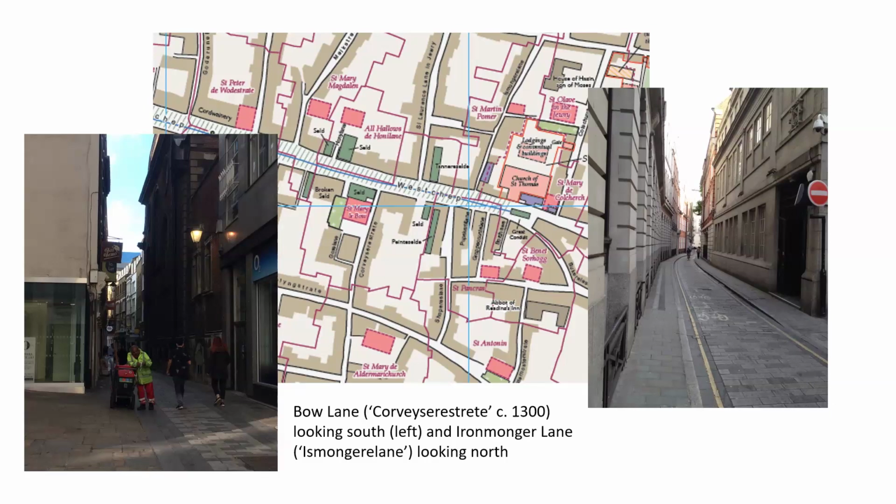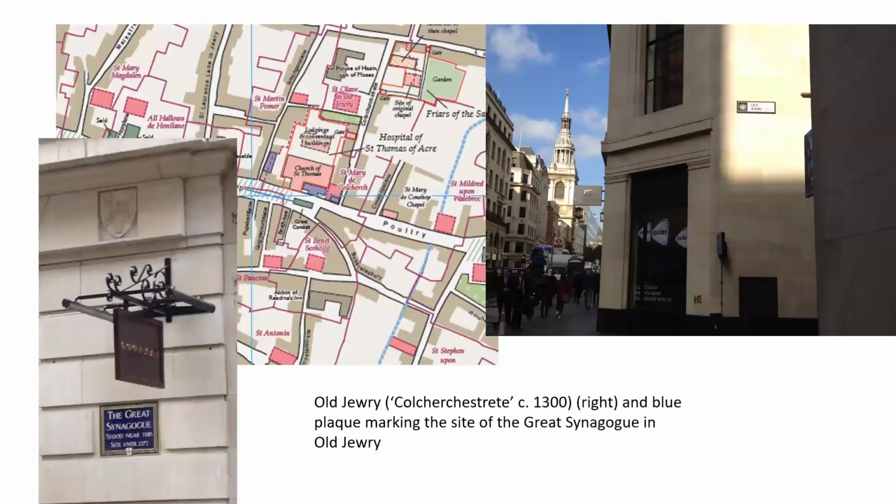Some were a little more complicated to determine what we should call them. So today's Old Jewry, although it takes its name from the Jewish community located there till their expulsion in 1291, seems to be known around 1300 as Colechurch Street, from the parish church on the corner of Cheapside.